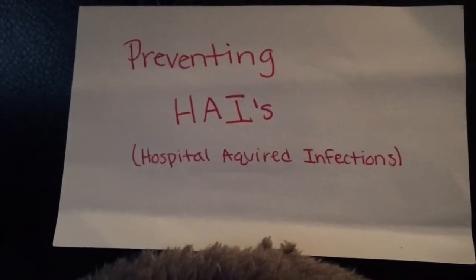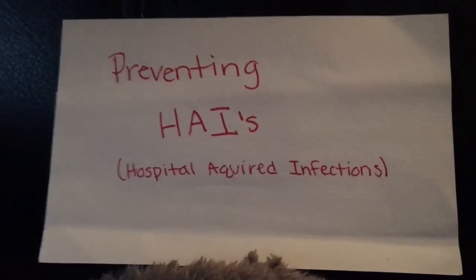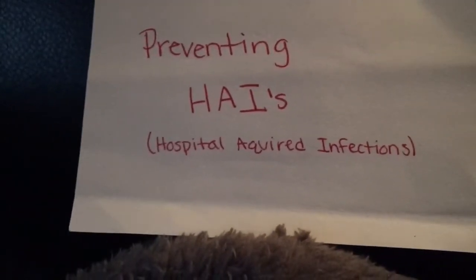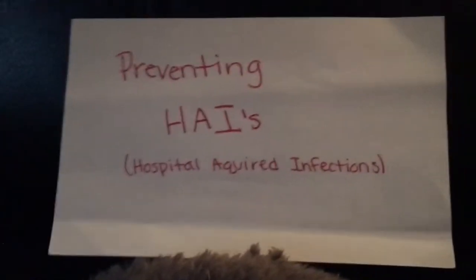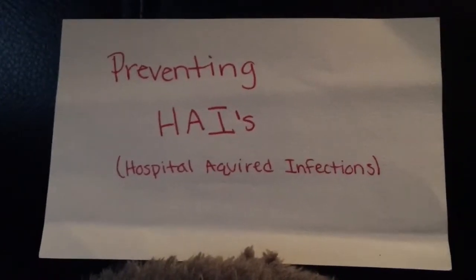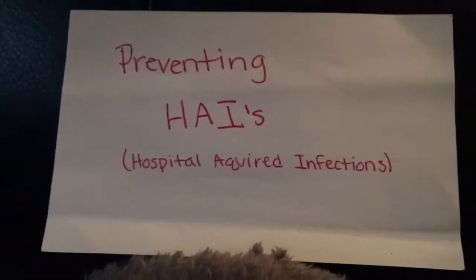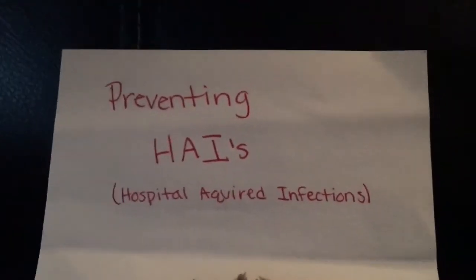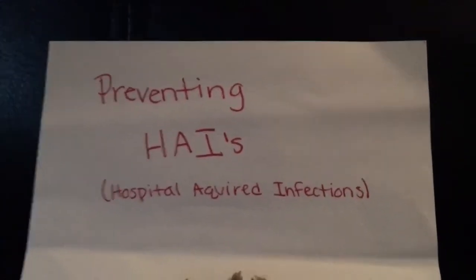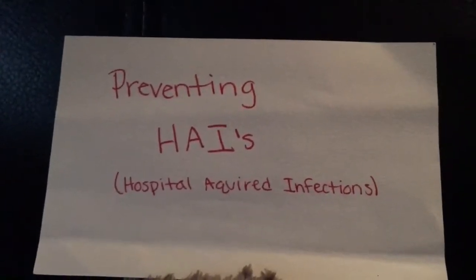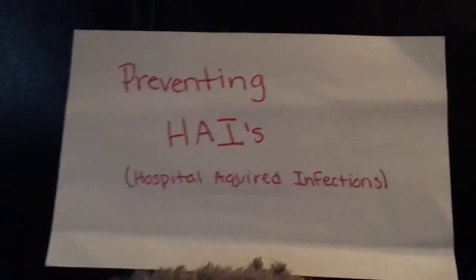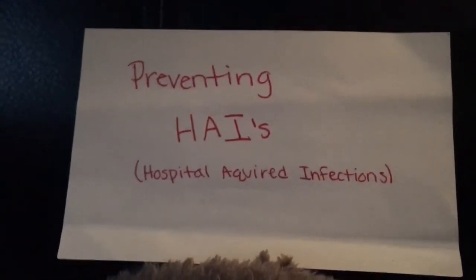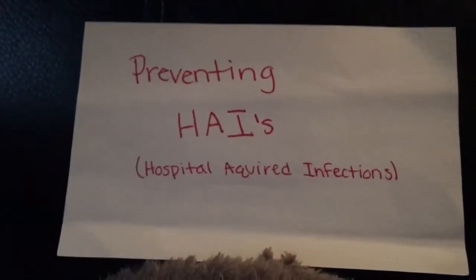However, they do have two strategies to prevent the most common types of HAIs, which are urinary tract infections and catheter-related bloodstream infections. So their strategy to prevent catheter-related bloodstream infections is they evaluate the catheter insertion site daily and check the dressing.